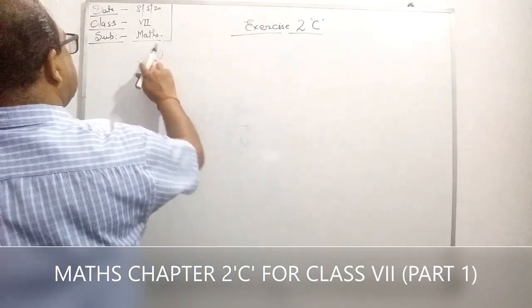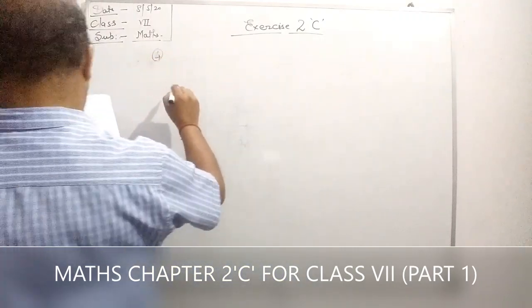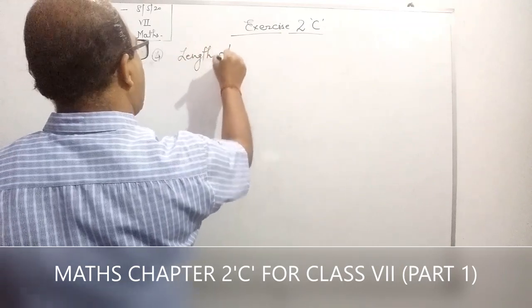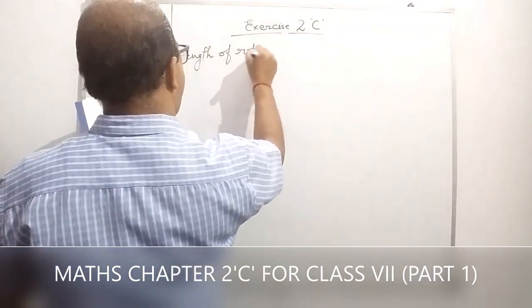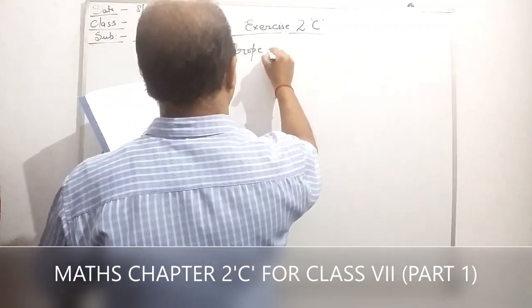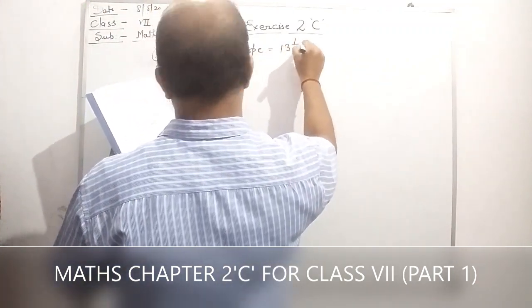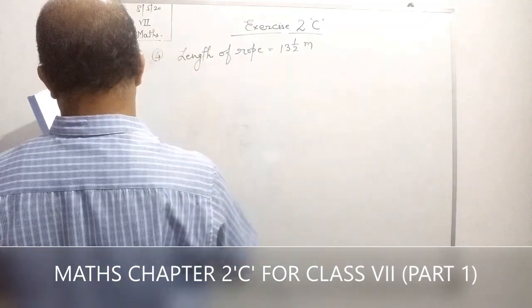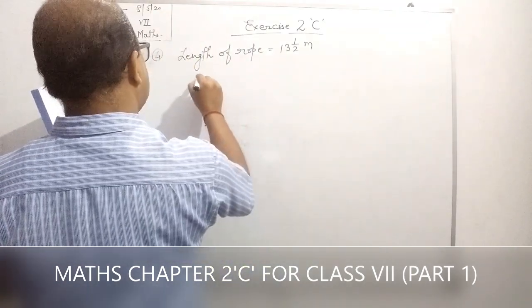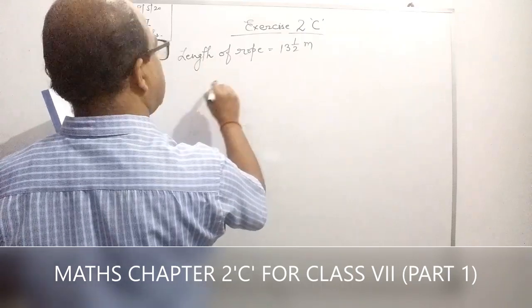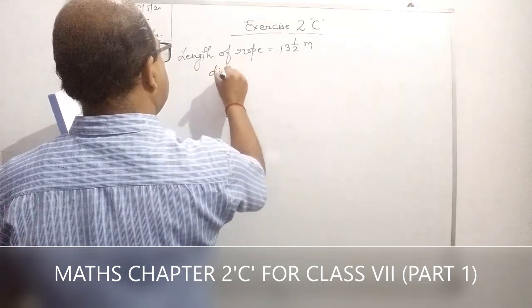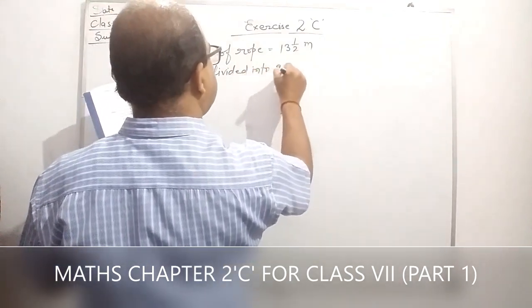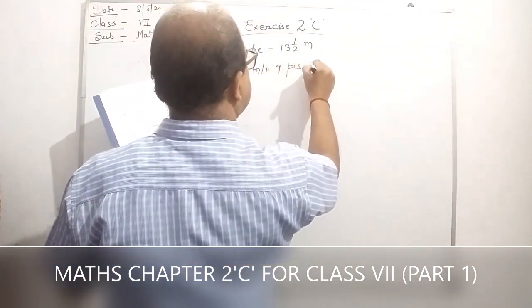The question is here: the length of the rope is equal to 13 whole 1 by 2 meter, divided into 9 pieces of the same length.